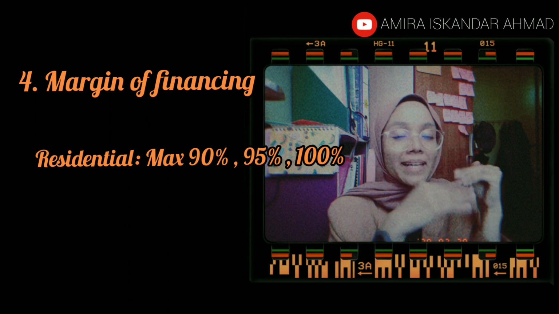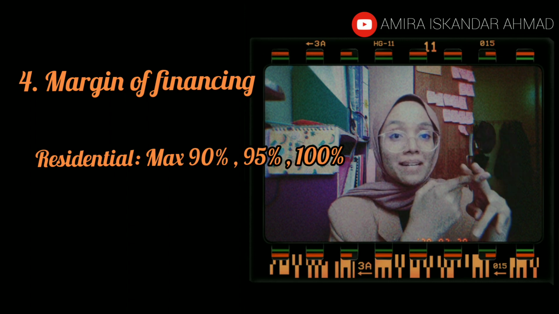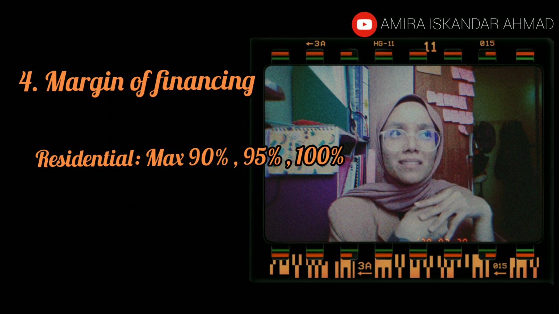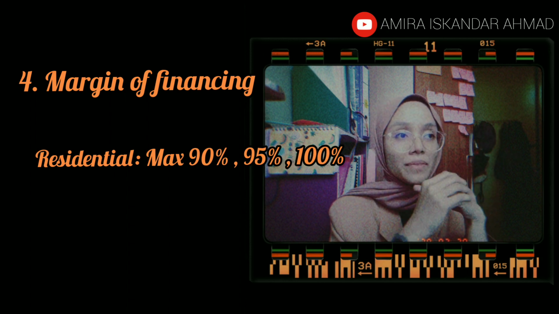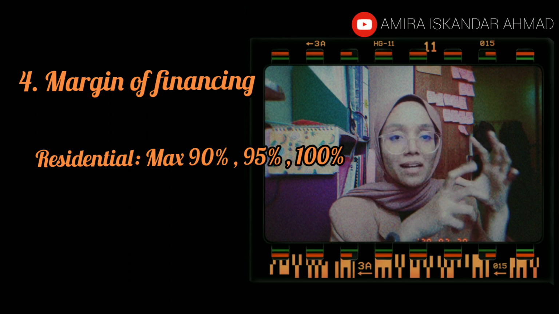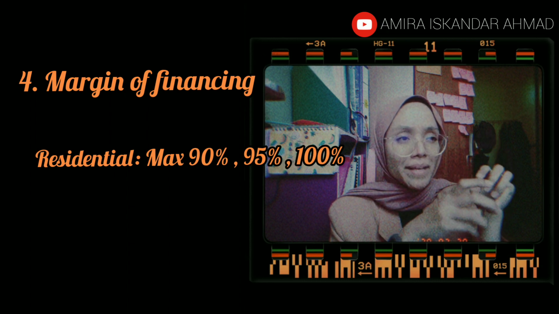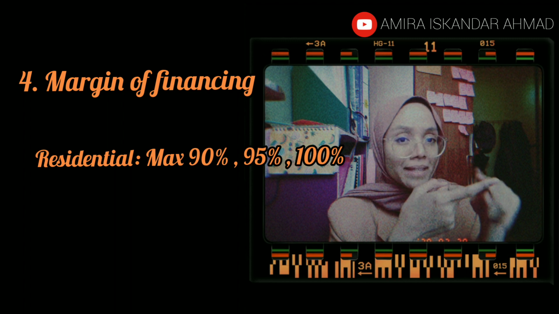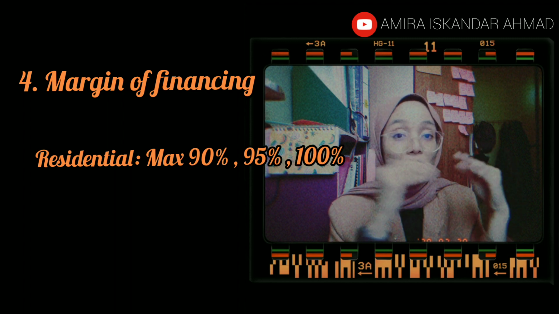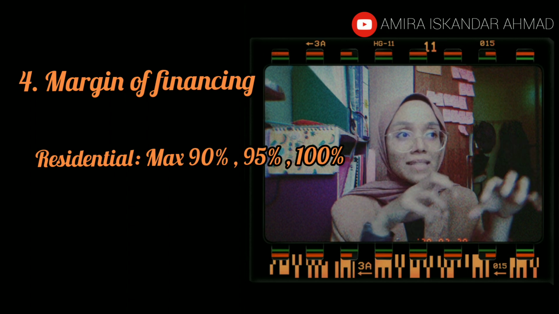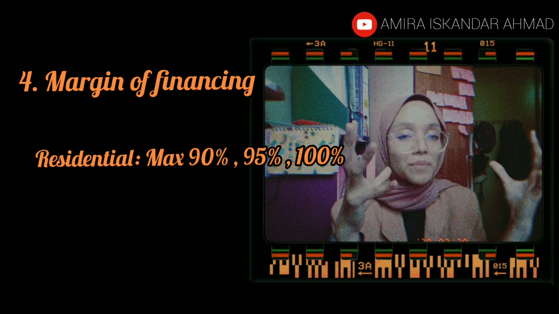So yes, they can give 100%. For example, BSN, Bank Simpanan Nasional, is that what it stands for? Yeah. And also BNM, Bank Negara Malaysia. All banks, like Maybank, even CIMB, have the BNM scheme. So you have to check these schemes before you purchase a property.